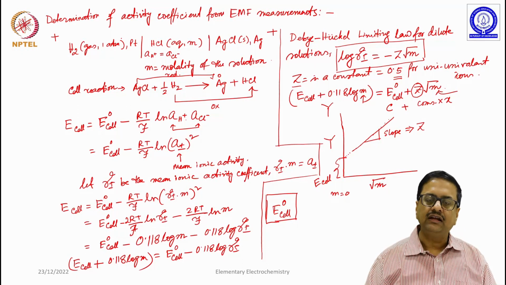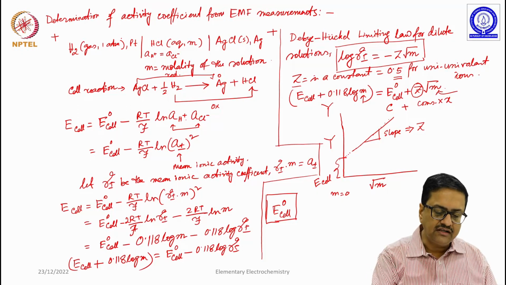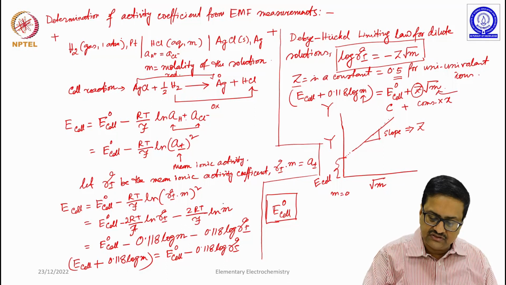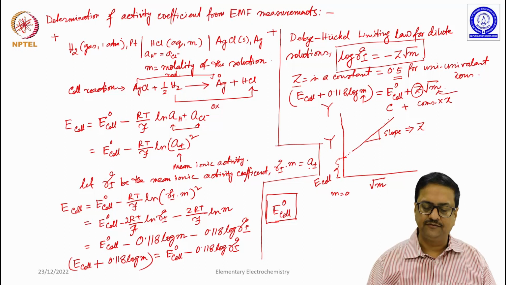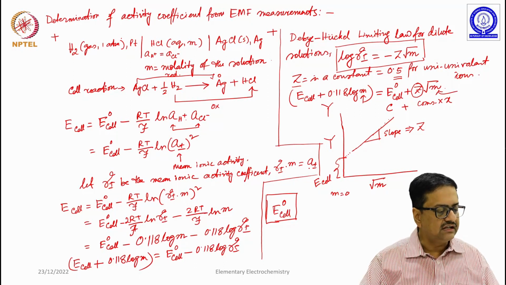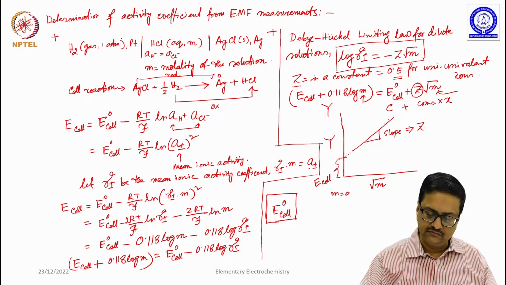So this is how one can determine a physical quantity, the mean activity coefficient gamma plus minus, using the EMF measurement method. So we will continue in the next lecture from here. Thank you.